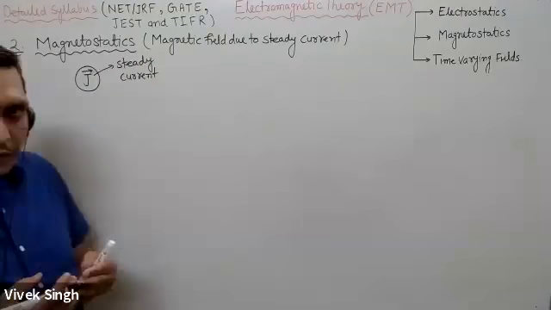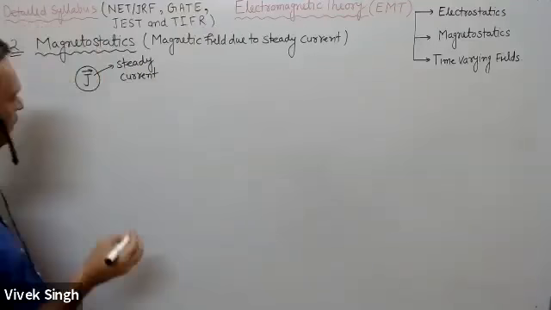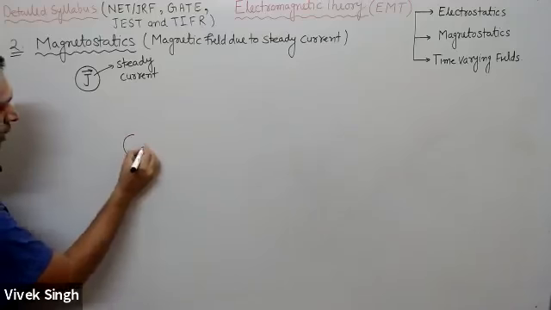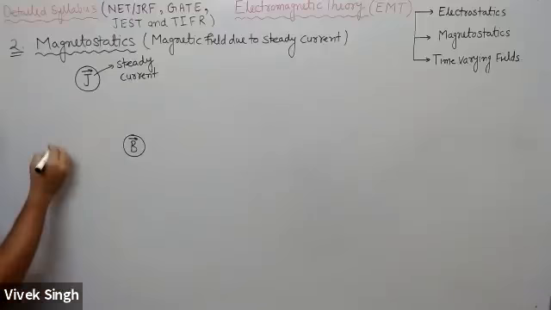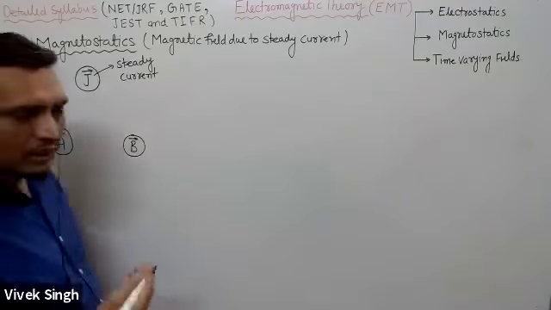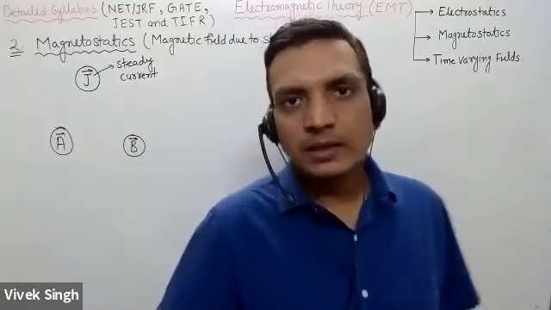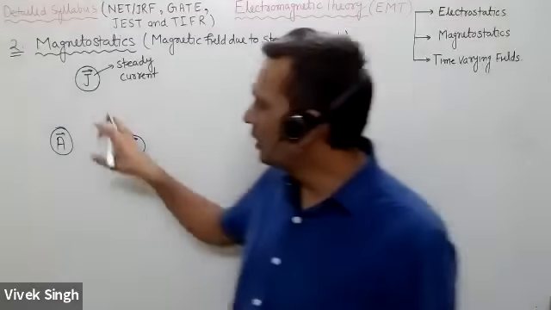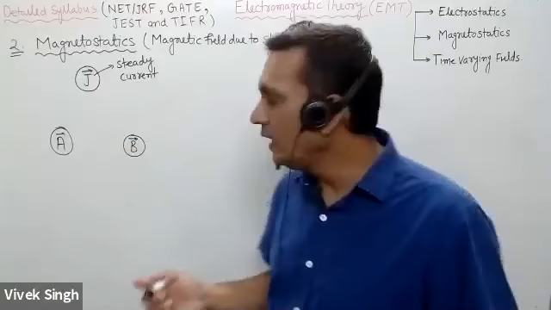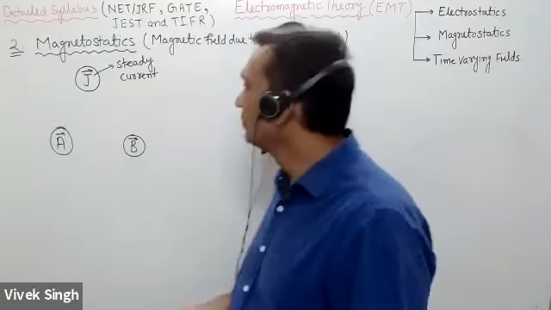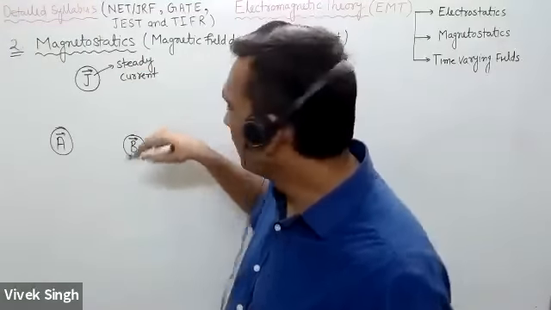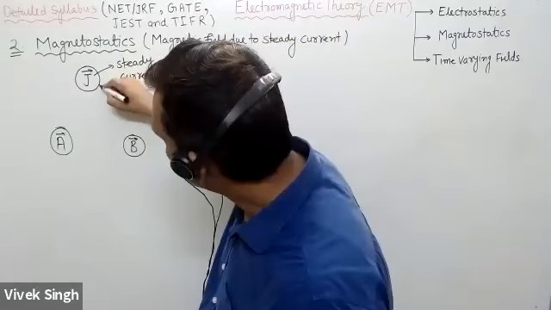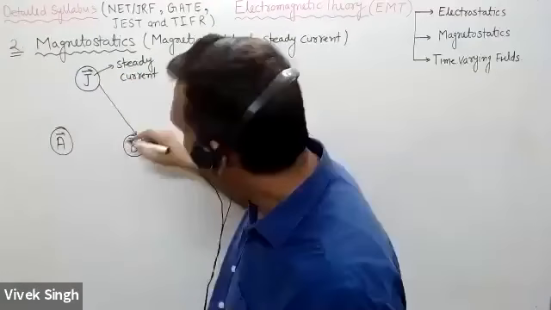So if you have a steady current, you can find the magnetic field B. And in this field, we will define the vector potential A. In electrostatics, we define the electrostatic potential, but in magnetostatics, we will define the magnetic vector potential. So again, when current density is given, how to find the magnetic field?